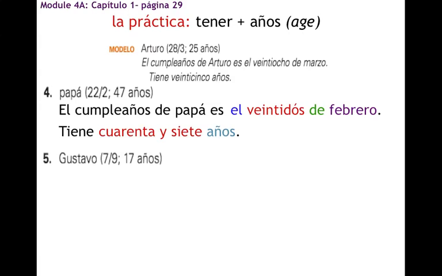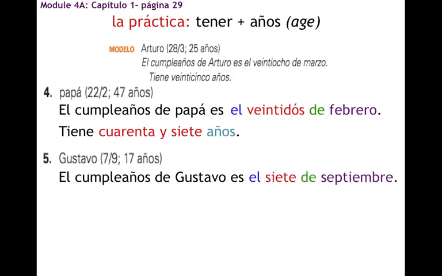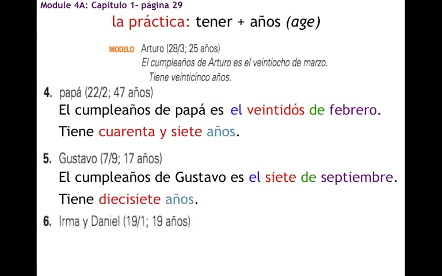Gustavo. ¿Cuándo es el cumpleaños de Gustavo? El cumpleaños de Gustavo es el 7 de septiembre. ¿Cuántos años tiene él? Tiene 17 años.